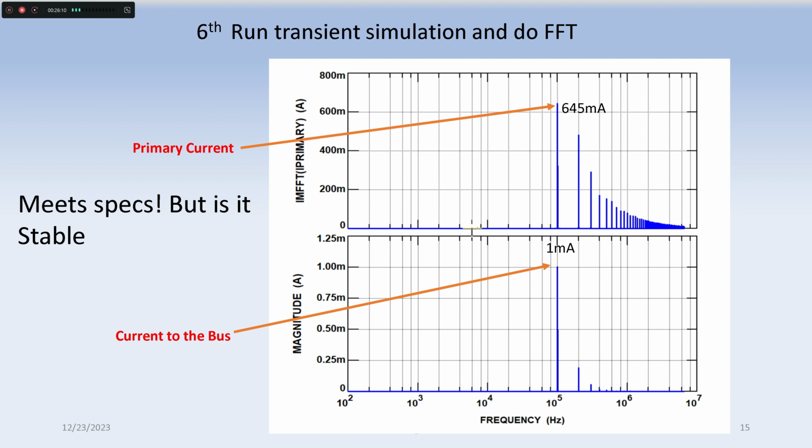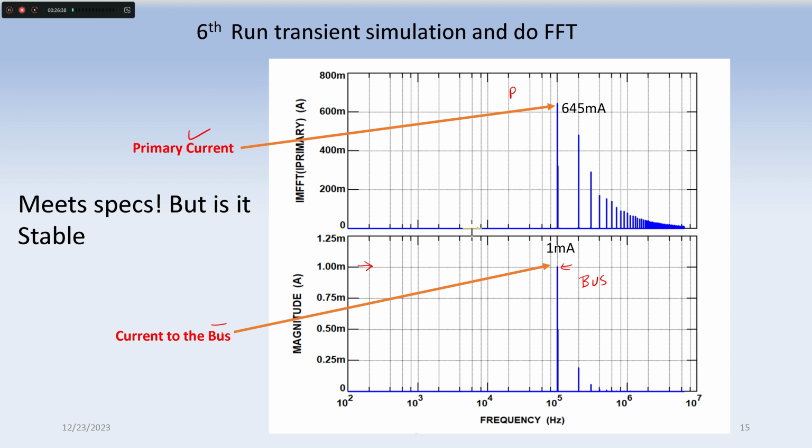Okay, so here are the results of the simulation. This is the primary current. You can see it right there, 465. And then you can see this is just at about 1 milliamp of current, and this is what's going into the bus.